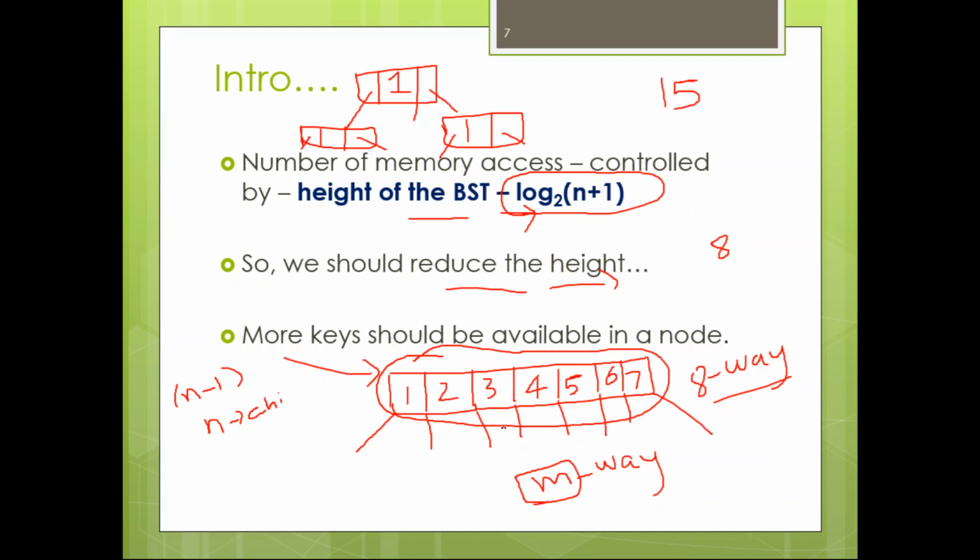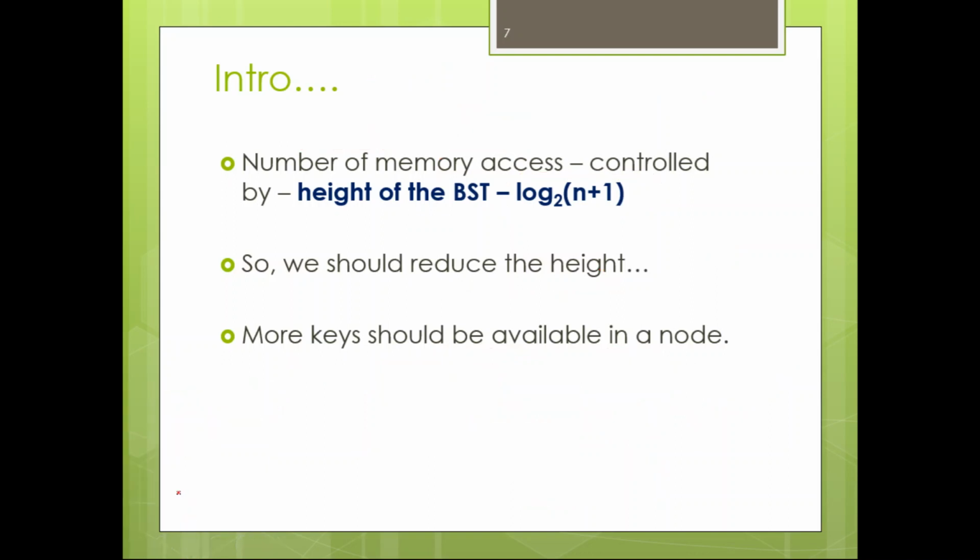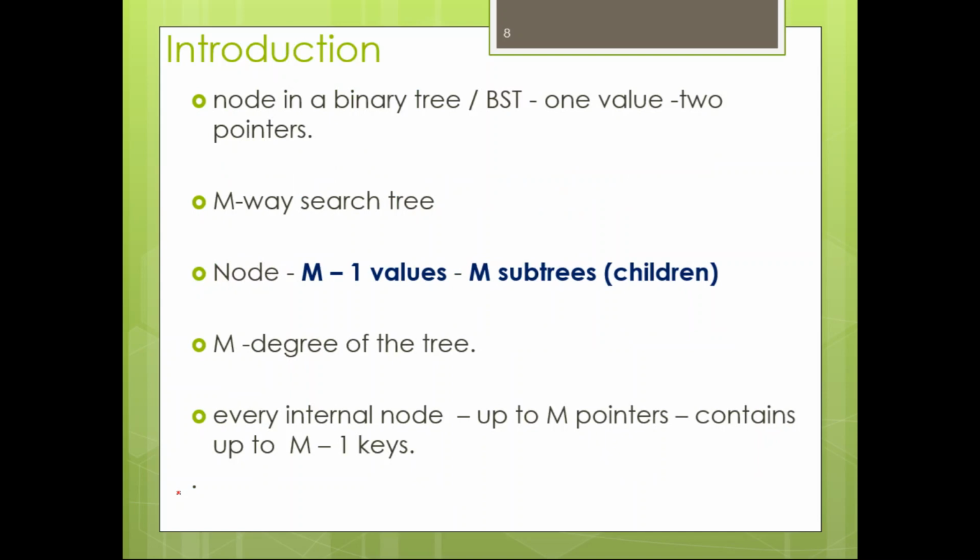For that, we are introducing the next type of tree, called the m-way search tree, in which a node can take more than one value. If a node can have 8 children, then it can have 7 key values, right? This is the motivation behind going for the m-way search tree. Now let us see what an m-way search tree is.